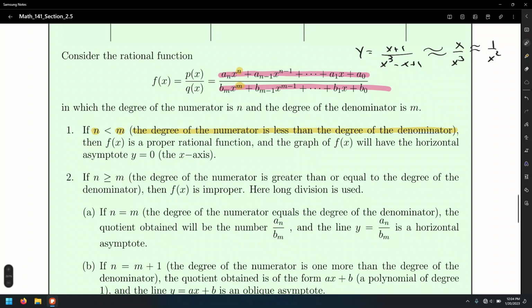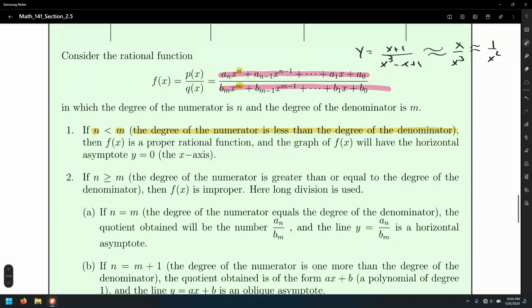Now, horizontal asymptotes are about the apparent y value that gets hit as x gets really, really big. How big? Well, to infinity. So 1 over infinity, what do we get when we divide by infinity, or when we divide by a really big number?